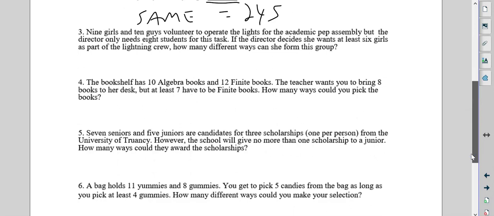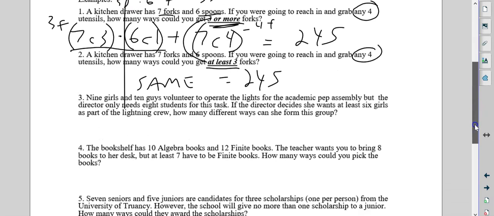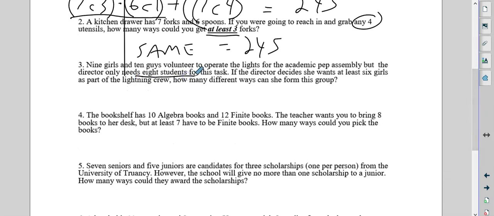Number 3, 9 girls and 10 guys volunteer to operate the lights at the pep assembly, but the director only needs 8 students. If the director decides she wants at least 6 girls, how many different ways could this be done? All right. Well, there's 9 girls, and she wants at least 6.